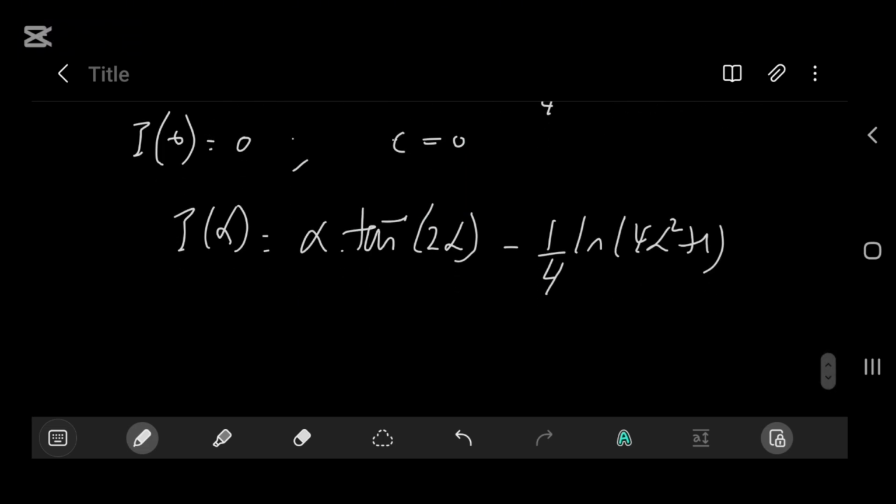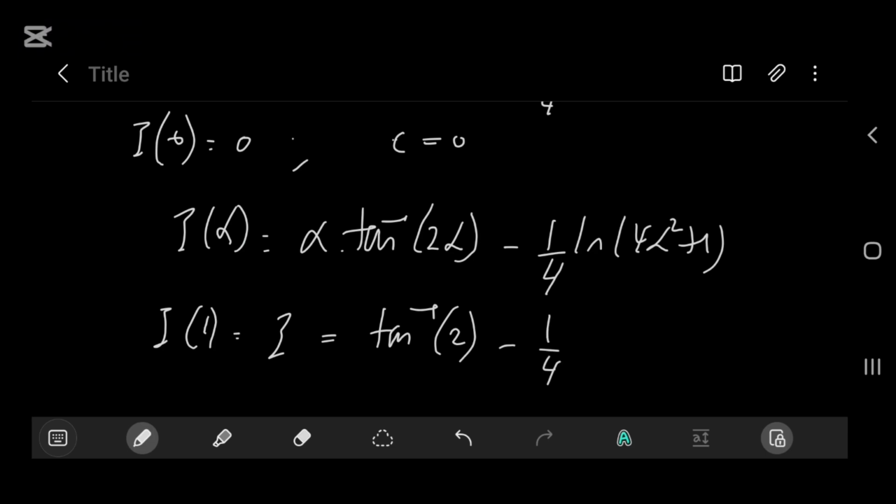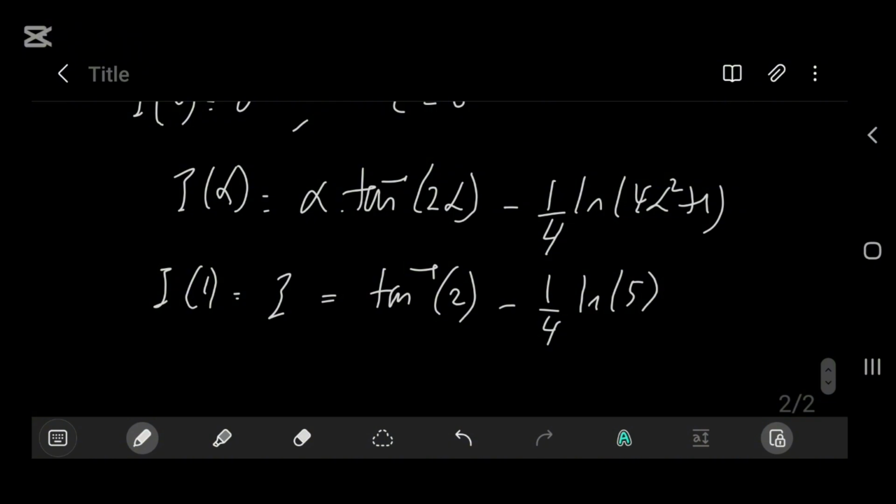Indeed. And we just need to plug in alpha equals 1 to get the answer. So I of 1 is the integral we need to find the answer for, which is tan inverse of 2 minus 1 over 4 natural log of 5, which is approximately 0.70 and so on.